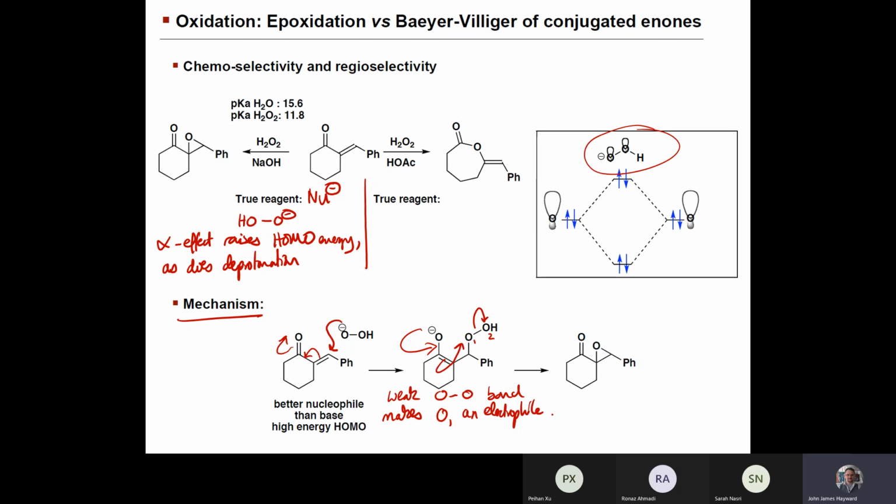Okay? So we get this chemoselective epoxidation here. Okay? Because we use H2O2. Okay? And this is sometimes referred to as the Weitz-Scheffer, that's two F's, oxidation.